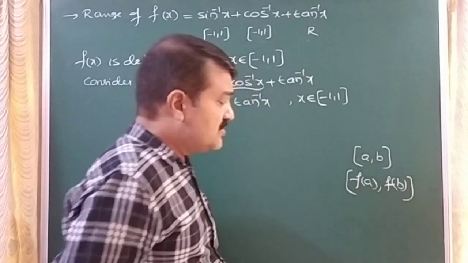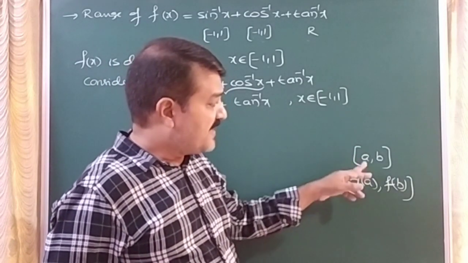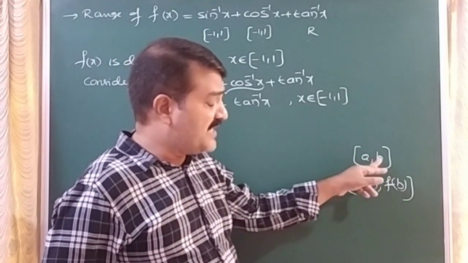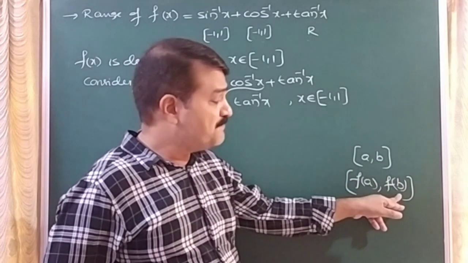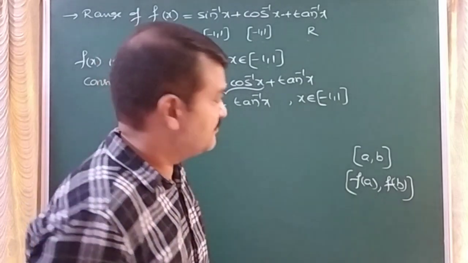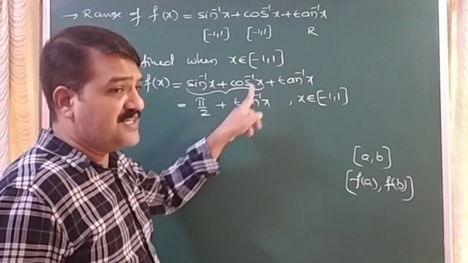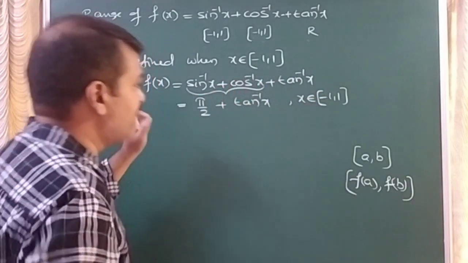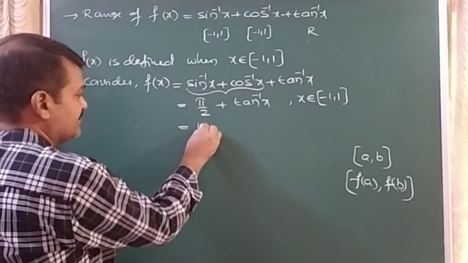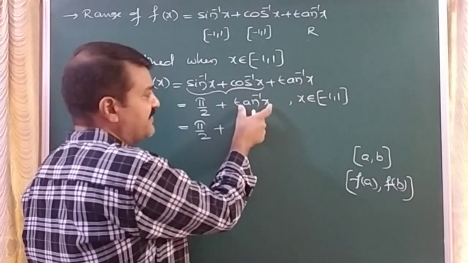So when you know that the function is increasing in this interval, find the image of the first element, find the image of the last element. Range will be written like this. Okay, so therefore, since tan inverse x is increasing in this interval, our range is now pi by 2 plus tan inverse x.